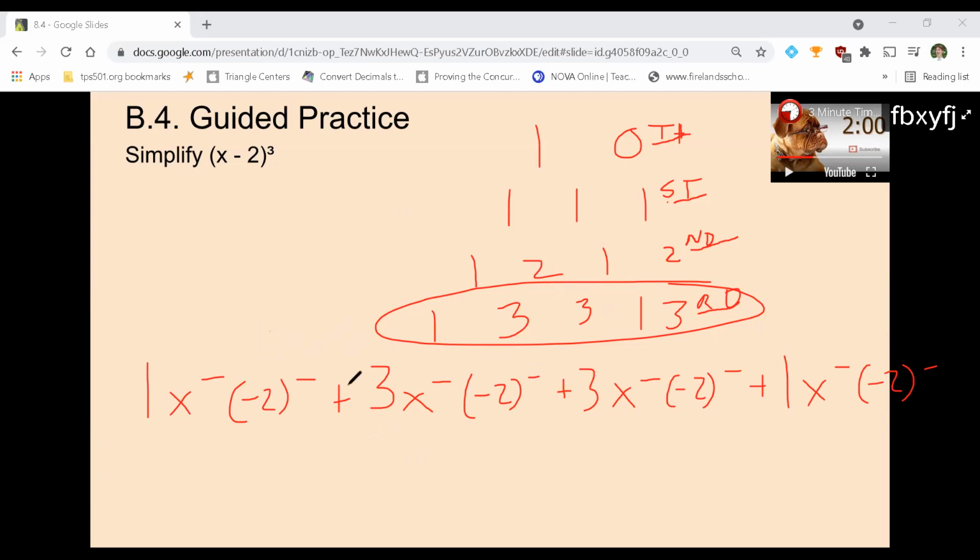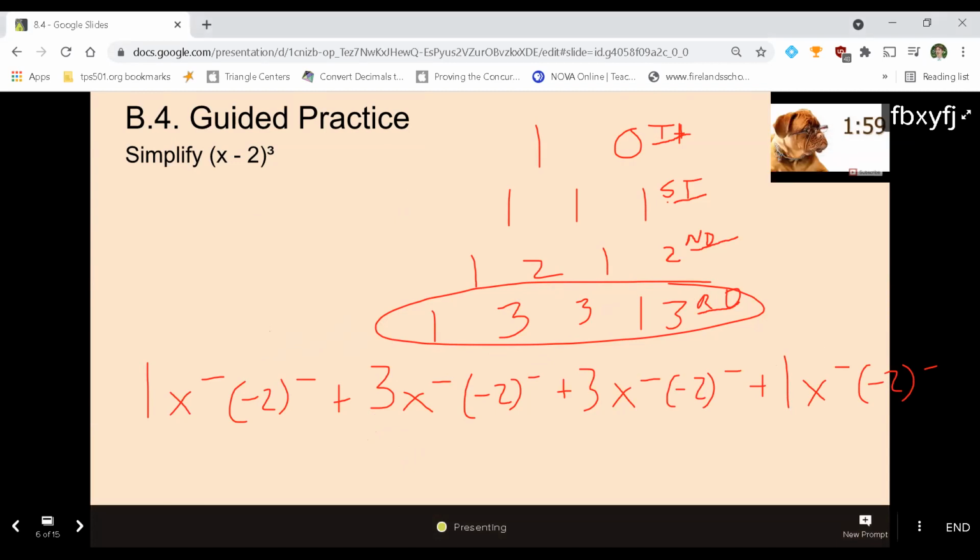Remember, the first term starts high and descends. The second term starts at 0 and ascends. Give you another minute. Isn't this kind of fun?